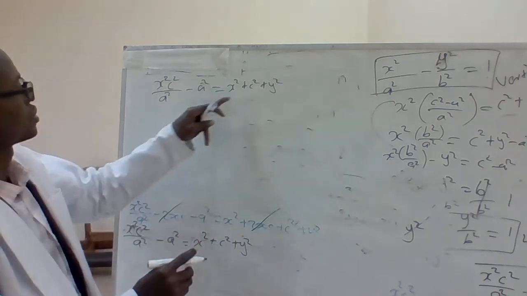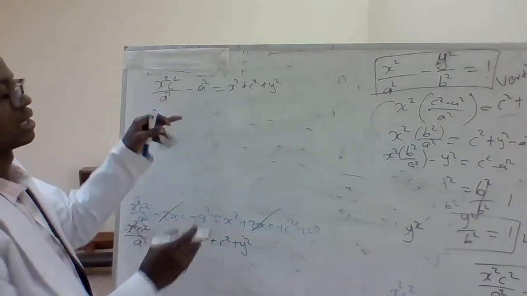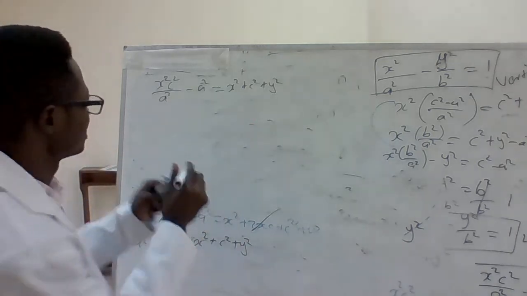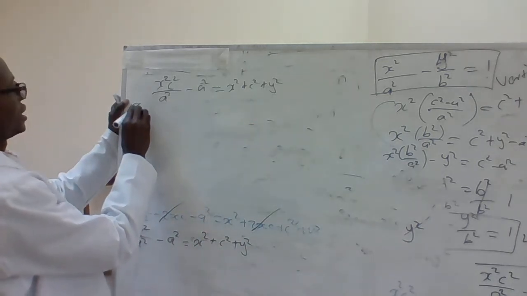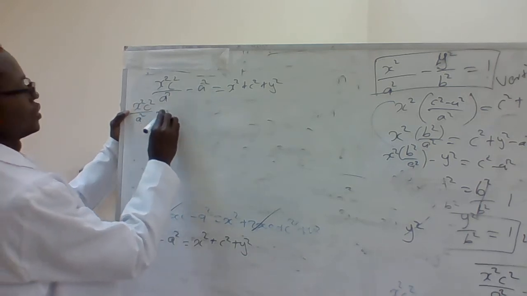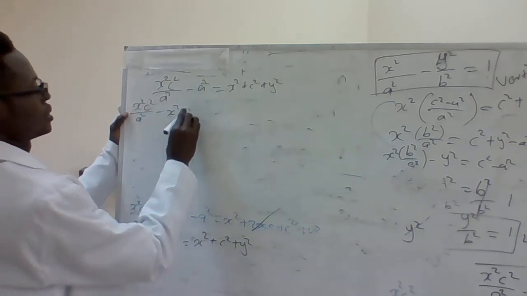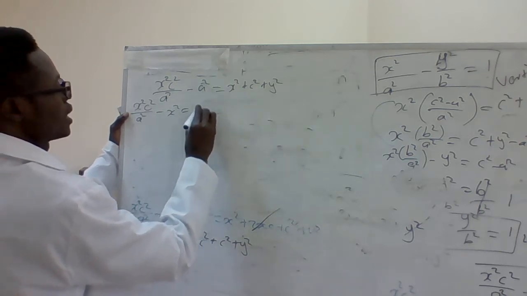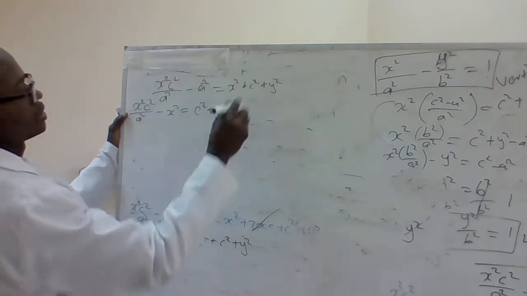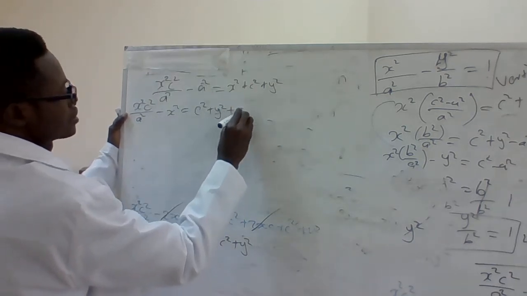But if you notice, we have x squared this side. We can actually bring all the like terms together so that you have x squared c squared over a squared minus x squared. This will give you c squared plus y squared. Now this will go this side to become positive a squared.